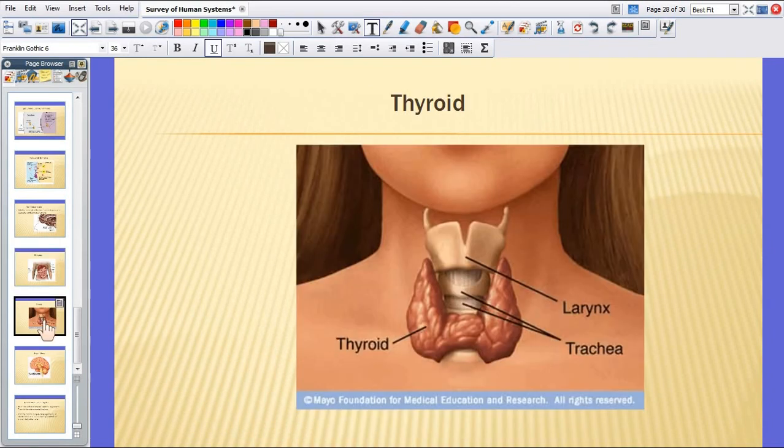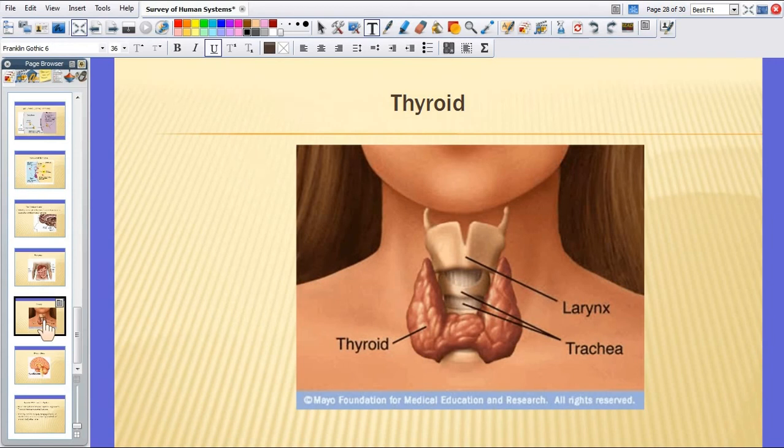The thyroid creates the hormone thyroxine. Thyroxine regulates the body's metabolism. Remember, metabolism includes all the chemical reactions that happen in the body. If too much thyroxine is made, an individual has a condition called hyperthyroidism.